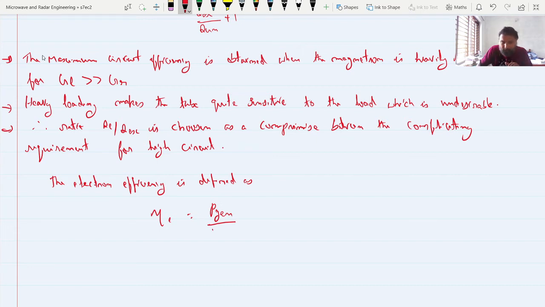Divided by PDC, which I can write as V naught I naught minus the power that is being lost in the magnetron, divided by V naught I naught.